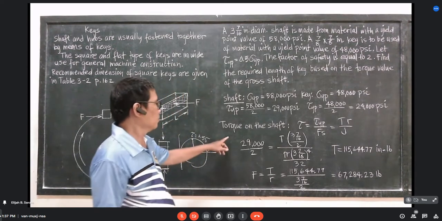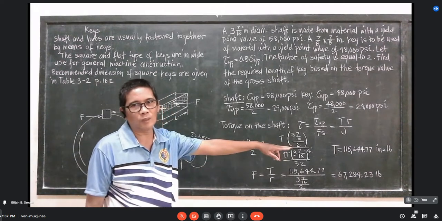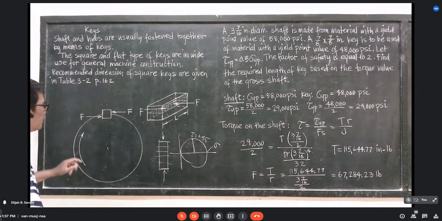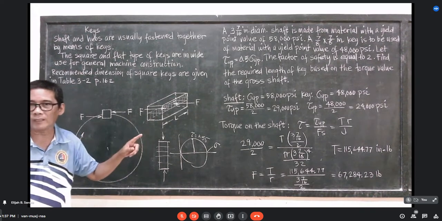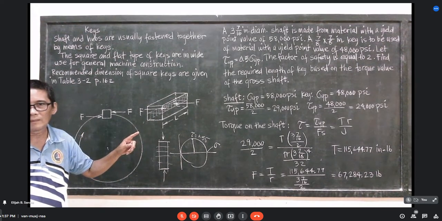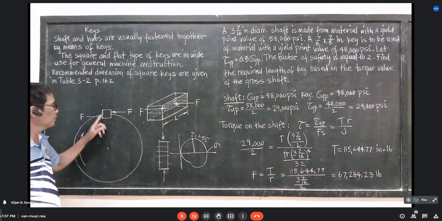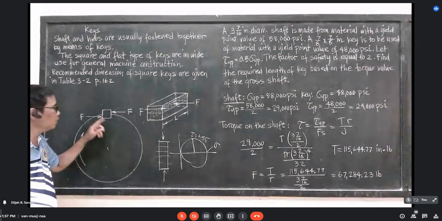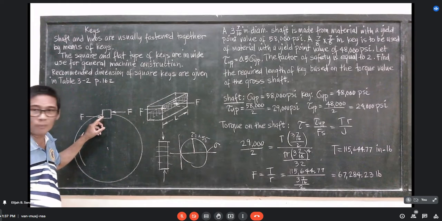If we know the torque, we are not interested in the torque but in the force acting on the surfaces. So in this solution, it is being simplified. The force acting on these components is not in the middle, but actually on the surface, because force is equal to torque over radius.